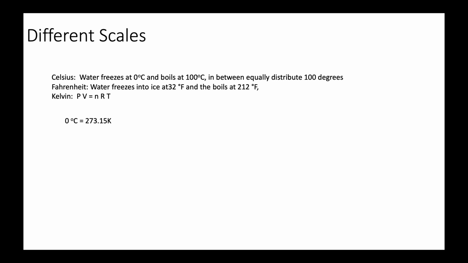So having a universal scale that everyone recognizes was super important for researchers in one country to understand what the other person is talking about in their literature. It's defined as water freezes at 32 degrees Fahrenheit and boils at 212 Fahrenheit. And the temperatures in between are equally distributed between 32 and 212, right?